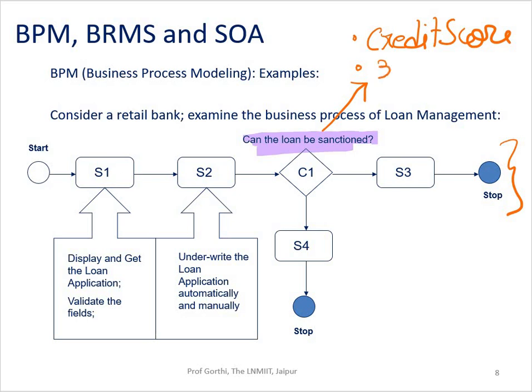Instead of, let's say, 30 lakhs, you're only eligible to get 20 lakhs of loan. Once all those things are checked, then this particular condition comes into the picture. Now from here I have two options: either the services will say yes or no.